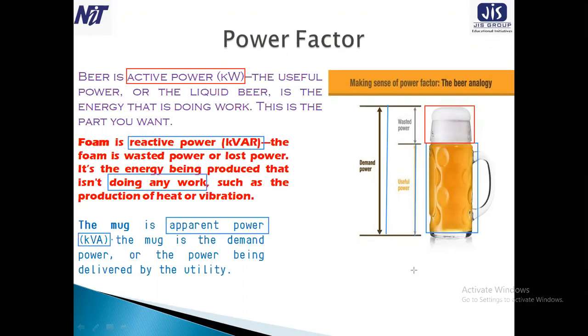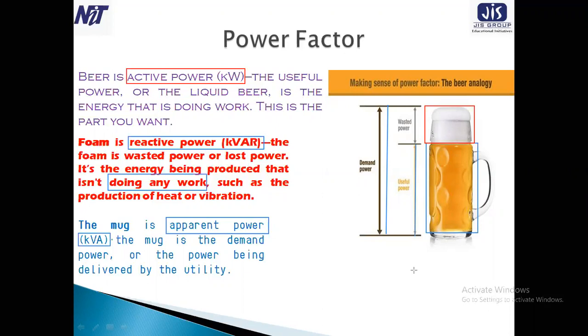The mug is actually the summation of the foam and the liquid beer. So the mug is apparent power, which is represented by kVA. Here, the mug is the demand power or the power being delivered by the utility.